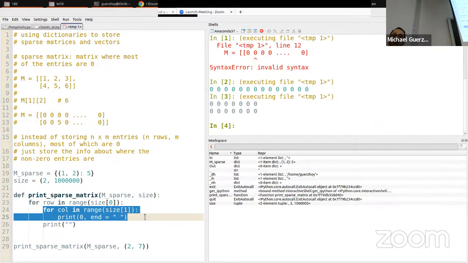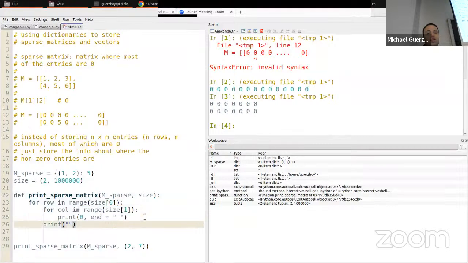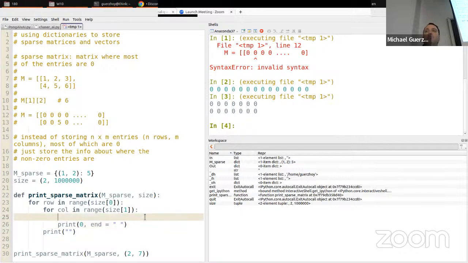So what I want to do now is instead of the zeros, where appropriate, I actually want to print the entry. So how can I do it? The easiest way to do it is to just check, does it happen that the entry should be non-zero? So I'll just check.